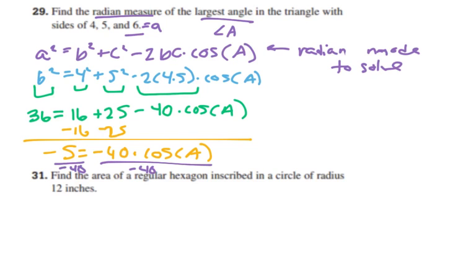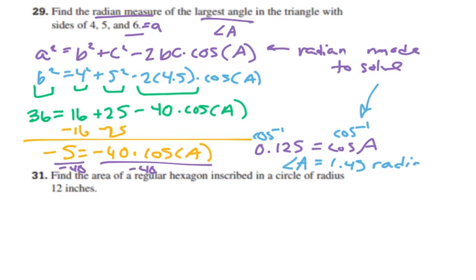And we get 0.125. And so again, to undo cosine, we do cosine inverse. Make sure again we're in radian mode. Second cosine of the decimal means that angle A is 1.45 radians.